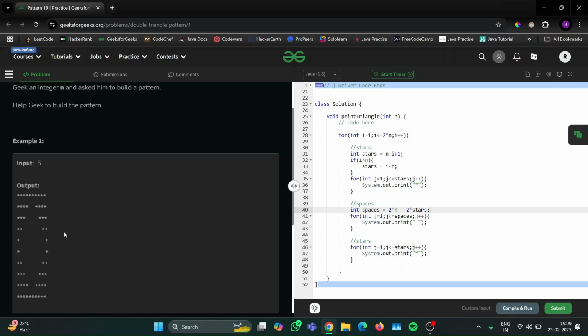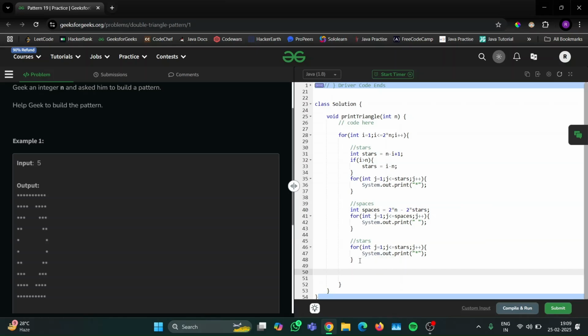So if we subtract the space occupied by the stars from the total number of times the inner loop iterates, we can easily figure out the formula for the spaces part. I think our formula is over.